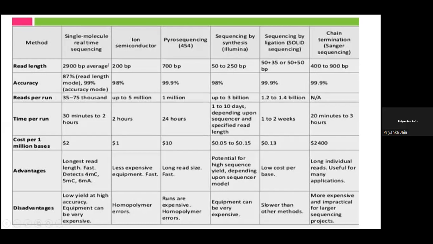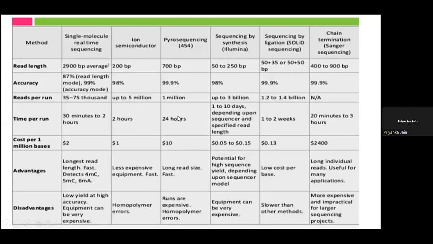This is not used frequently because it is a very time consuming method, and it cannot be used for high throughput data generation. So if you see how many reads are produced per run, that also varies. This has produced a very high number of 5 million, and Illumina shows up to 3 billion reads being produced.